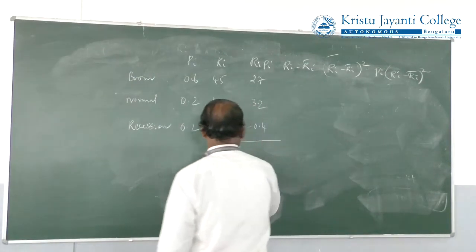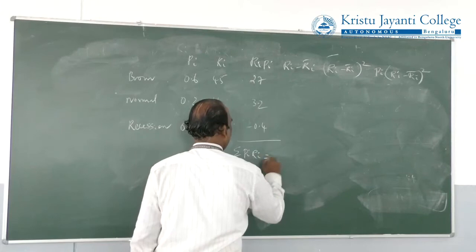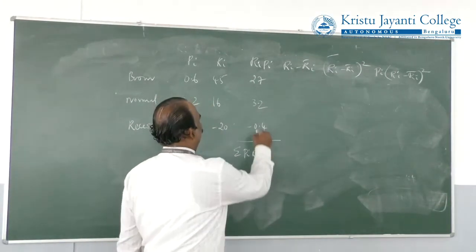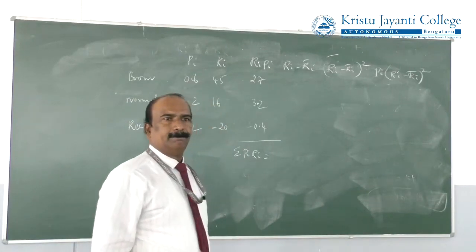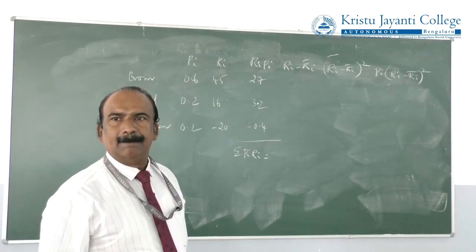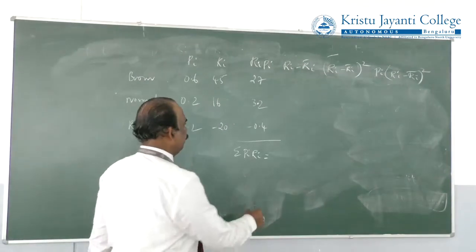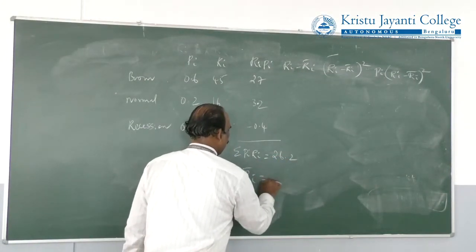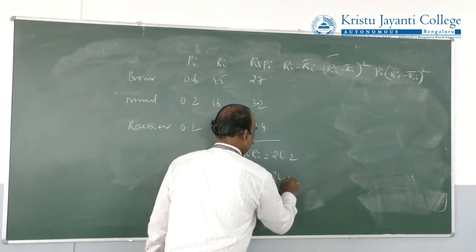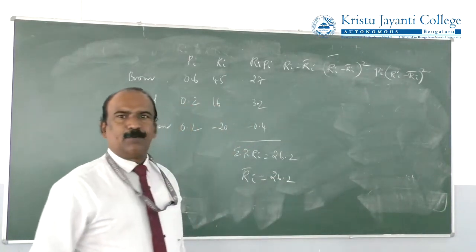So sigma Pi Ri is 26.2. What is this called? R bar is 26.2.